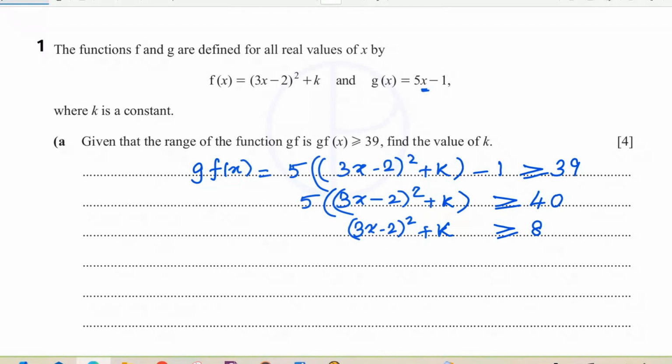If you take the term (3x minus 2) as 0, then k will be equal to 8. So now let's take this term as 0. So 0 plus k is greater than or equal to 8. So k should be greater than or equal to 8, so k is 8.